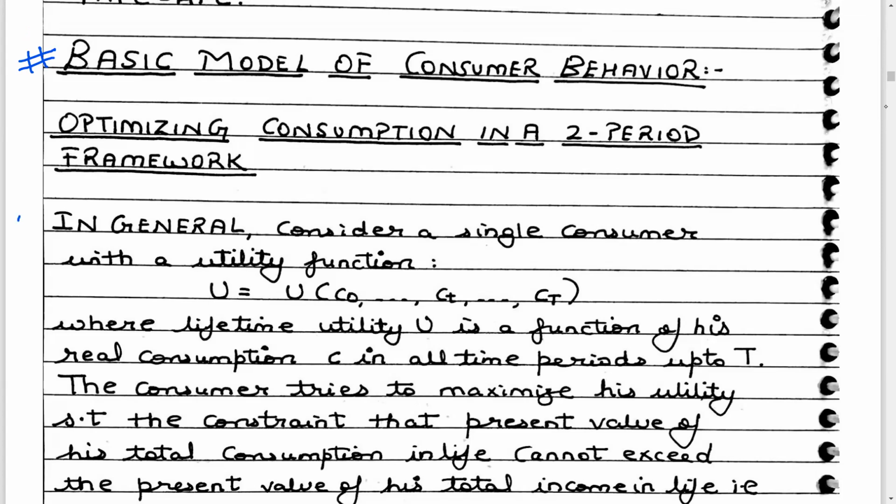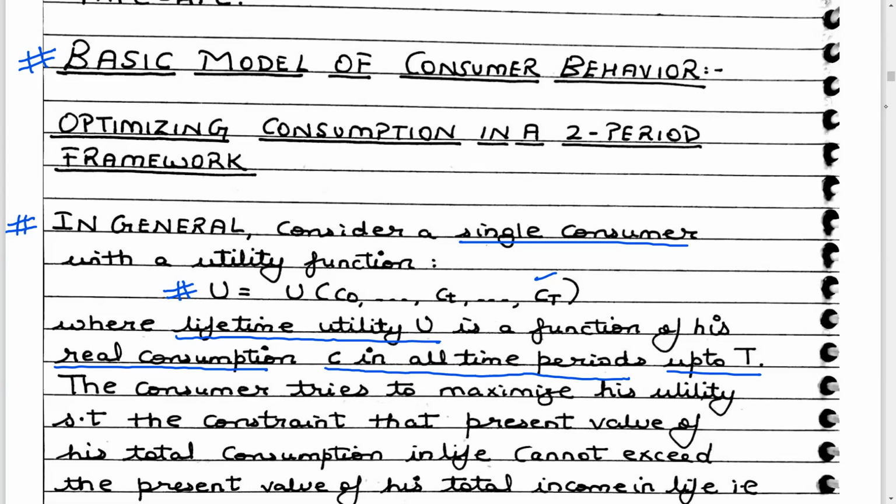You can see on your screen, we have a single consumer having the utility function given by u as a function of C0, C1, C2, Ct, and the last time period is capital T. So the lifetime utility u is a function of his real consumption C in all the time periods up to capital T. C0, C1, C2, these are all consumption of the same commodity, but in different time periods.